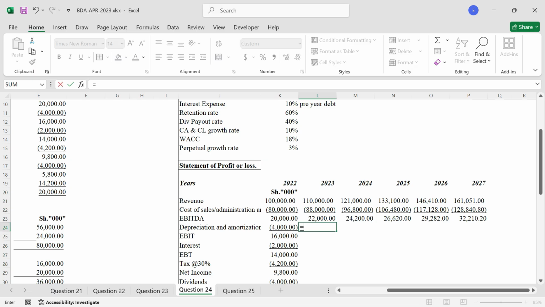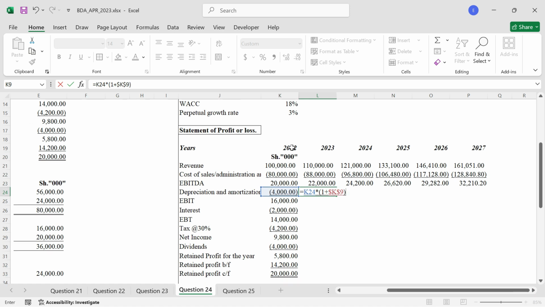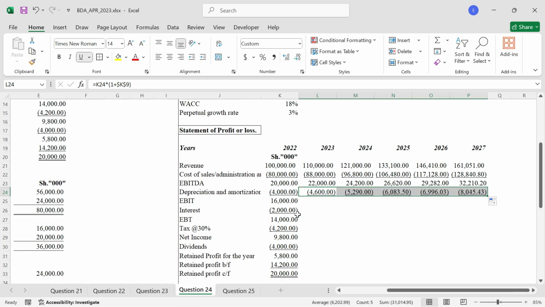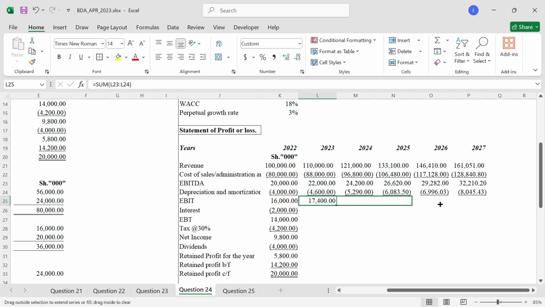Then my depreciation has a growth rate equal to the previous year multiplied by 1 plus a growth rate of 15%, which I lock and copy across. EBIT will be the sum from the previous total, copied across.